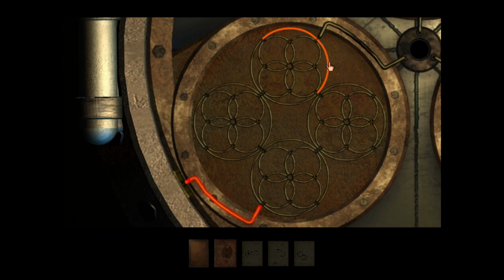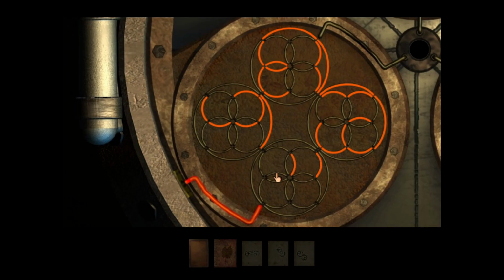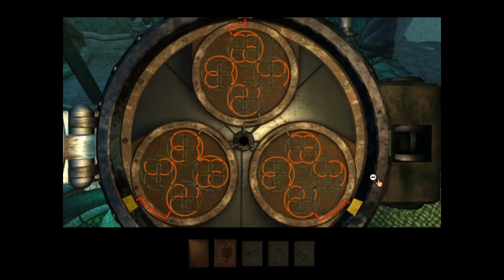Energy. Powers. Future. Motion. That could be the wrong one.